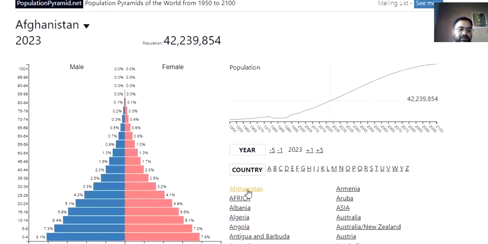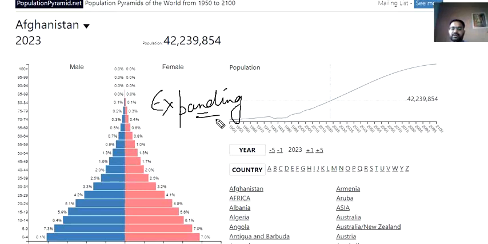So there is a general idea that some of the Asian countries and most of the African countries generally have the expanding type of age pyramid.